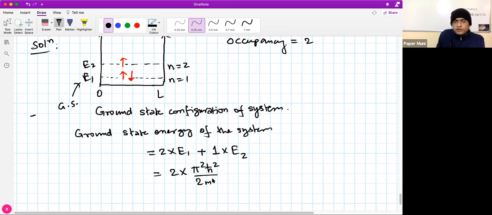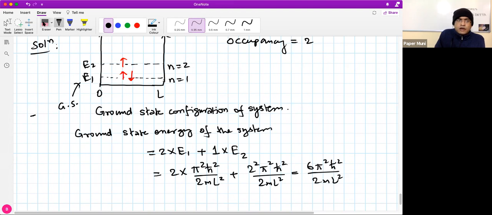So if we write down these values of the energy E1 and E2, what do we have? This is 2 square pi square h cut square by 2 ml square. Now if we solve this, we'll get 6 pi square h cut square by 2 ml square, or we could write like this, 3 pi square h cut square by ml square.